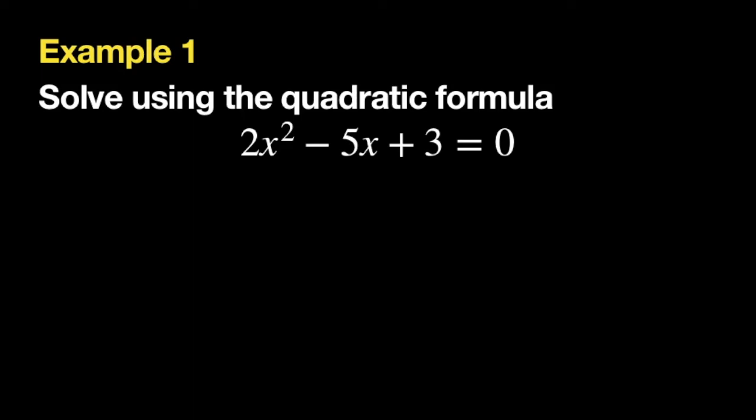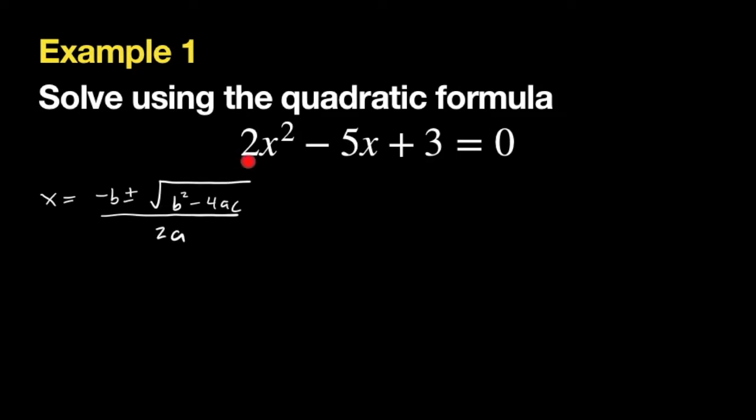Alright, so we are going to solve this problem using the quadratic formula. Once again, I'm going to write the formula on the left hand side so we can use that as a reference. We know that it's going to be x is equal to negative b plus or minus the square root of b squared minus 4ac, and everything is going to be divided by 2a.